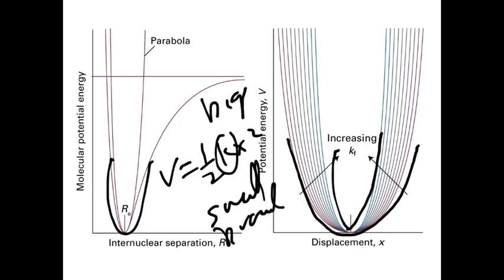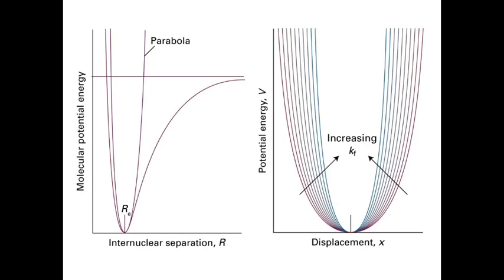Okay? And you can think of this as related to the strength of the bond that you're vibrating here. If you have a strong bond, it's going to vibrate pretty fast and furious if you try to stretch it out. If it's a weak bond, it's going to be kind of floppy, and the potential is going to be broad.